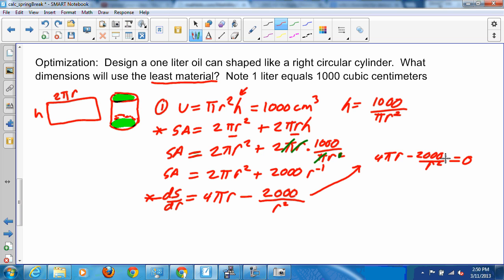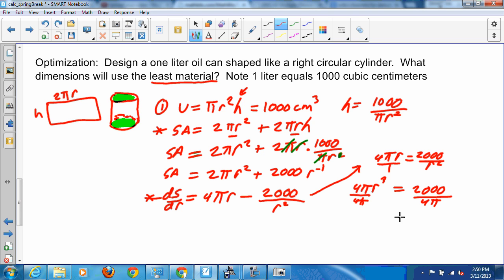So if we move this over to the other side, we have to add it, correct? So if we add it, it's going to end up being positive. So now, if we cross multiply, we get what? 2000 equals 4 pi r times r squared, which gives me r cubed. And divide this by 4 pi.